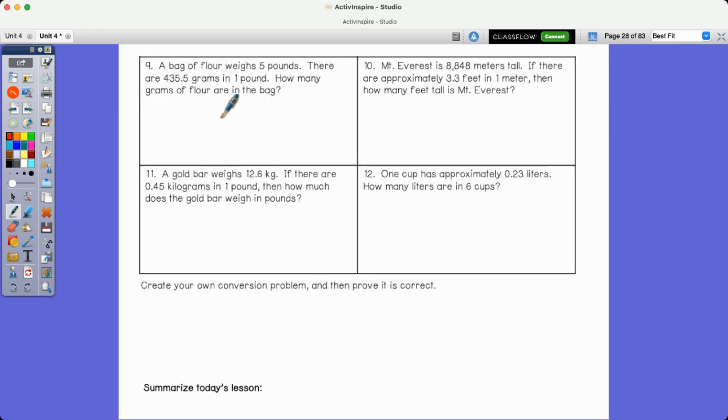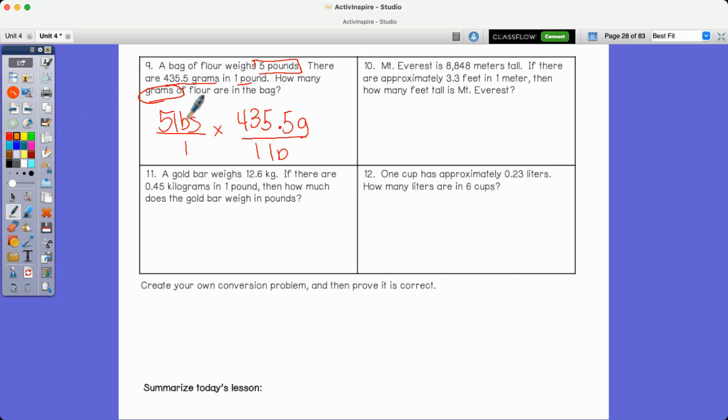A bag of flour weighs 5 pounds. There are 435.5 grams in 1 pound. How many grams of flour are in the bag? So I want grams in the numerator when I'm done. So I'm going to start with that 5 pounds over 1 times. Grams is in the numerator because that's going to be my solution answer. So it has to be up top per 1 pound.